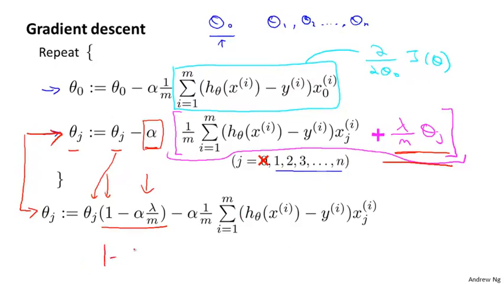Concretely, this term 1 minus alpha times lambda over m is usually a number that's a little bit less than 1. Because alpha times lambda over m is positive, and usually, if your learning rate is small and if m is large, this is going to be pretty small. So this term is usually a little bit less than 1. Think of it as a number like 0.99, let's say.